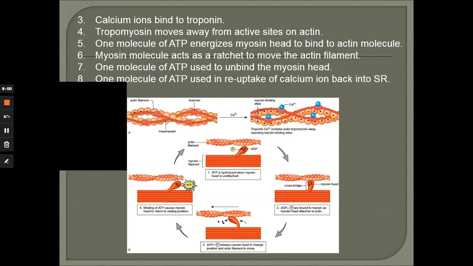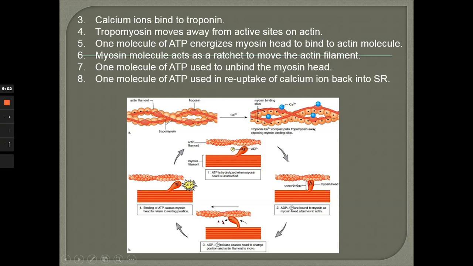So in essence, and this is happening on a grand scale, not just one head is going to pop up, but you're going to see many, many heads popping up and helping to move that filament. On a grand scale, we use a lot of ATP.